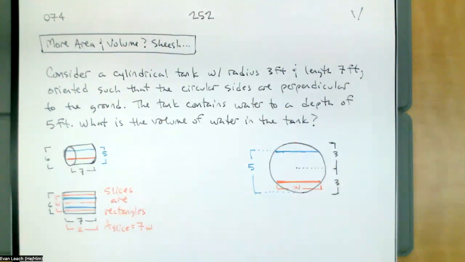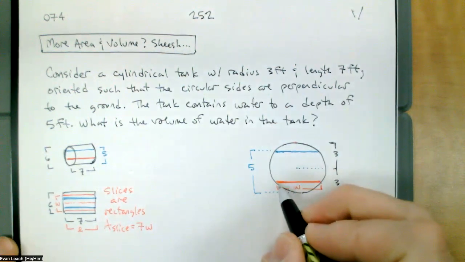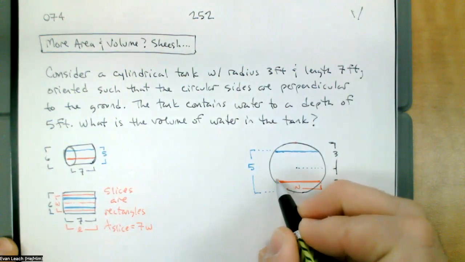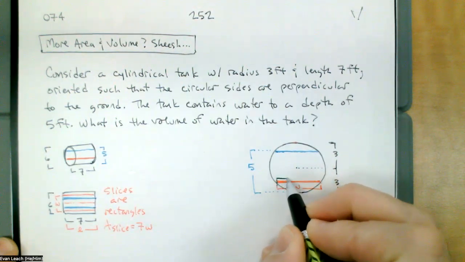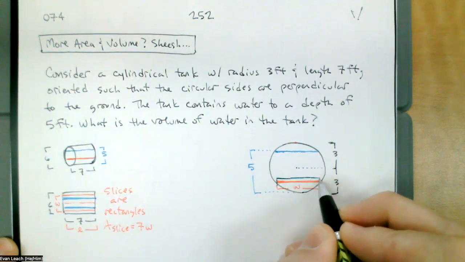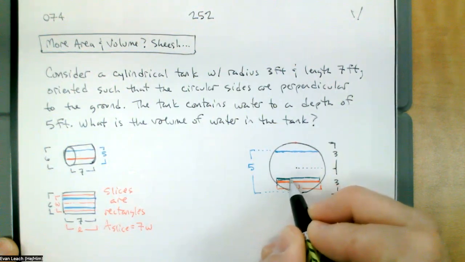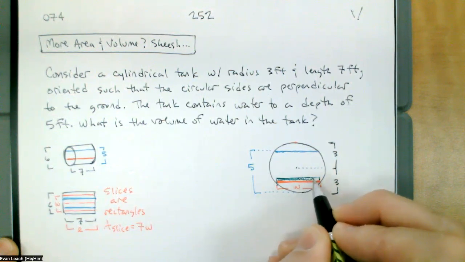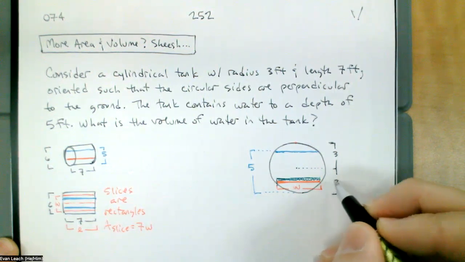I'm going to just take this area and assume that it does not change for some small change in variable, in this case, height, that I will label delta x.